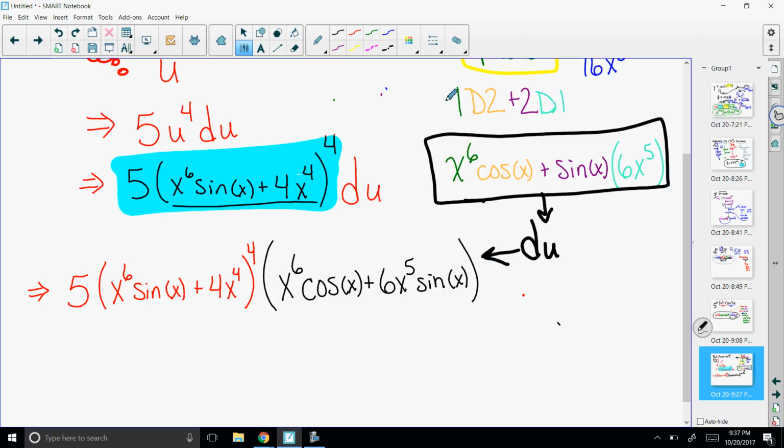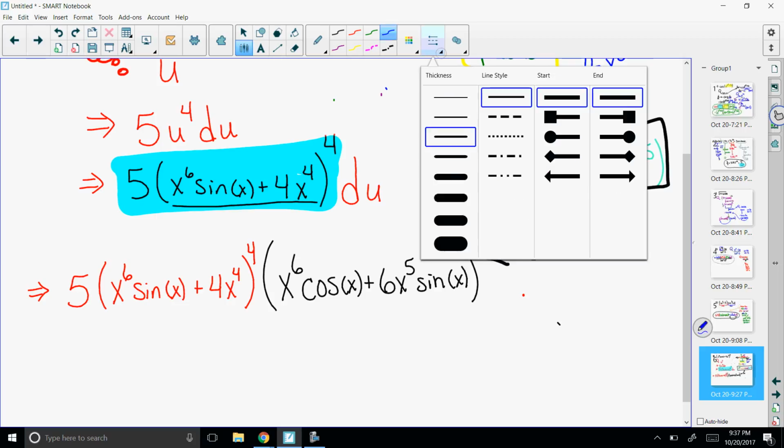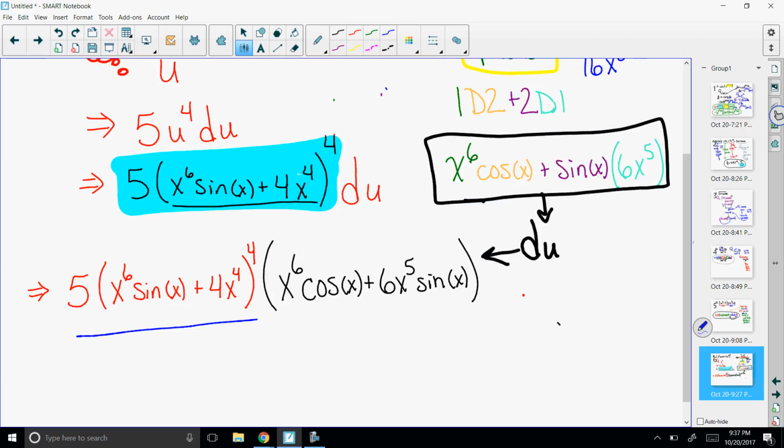All right, so here we go. Here's what you've got. If I highlight as I go through this, this is the first part, the derivative of u to the 5th, which is 5u to the 4th, where u is x to the 6th sine x plus 4x to the 4th.